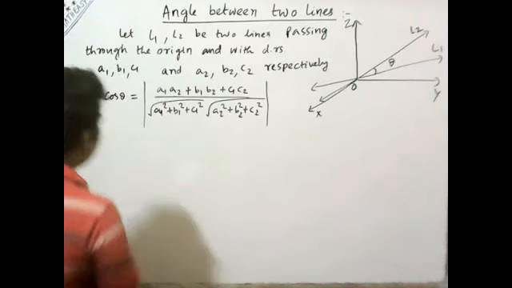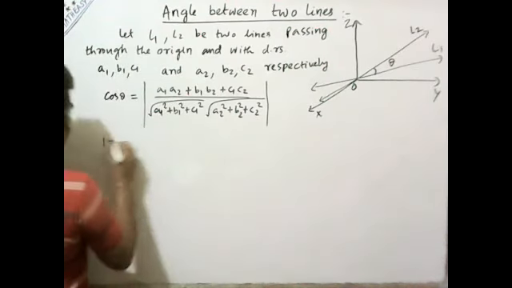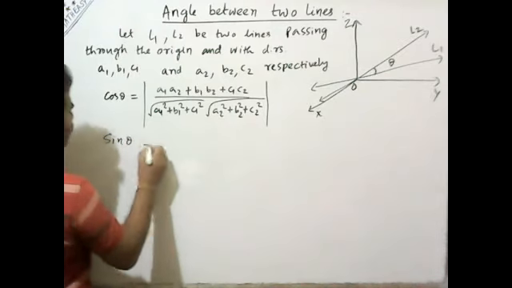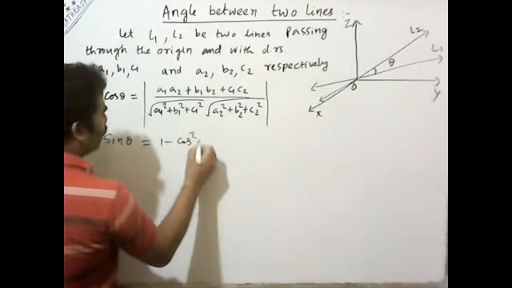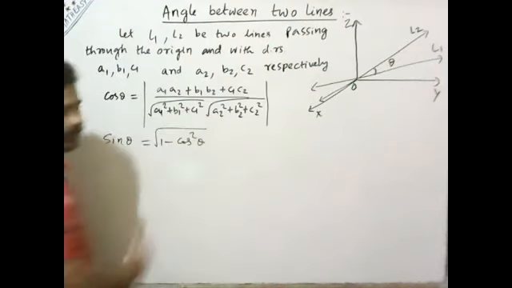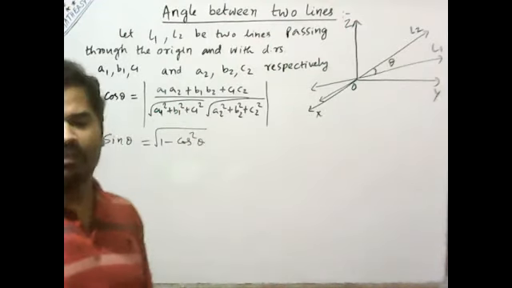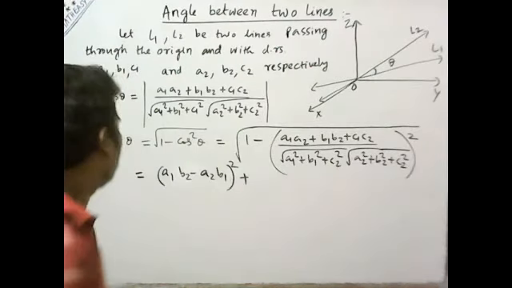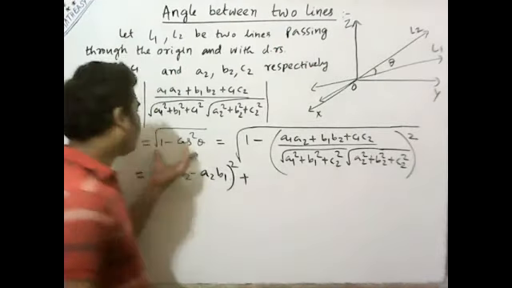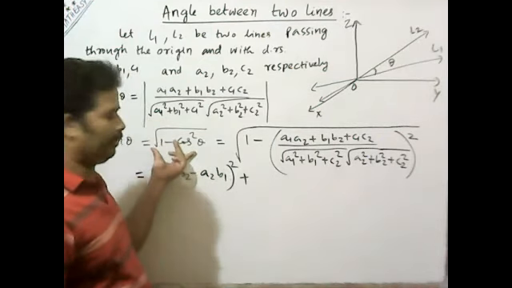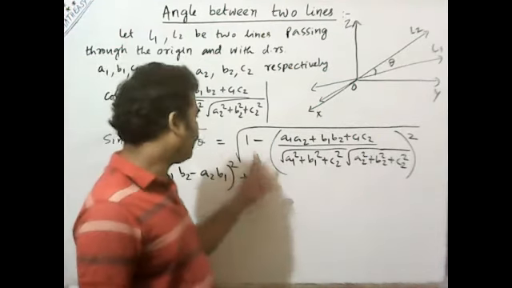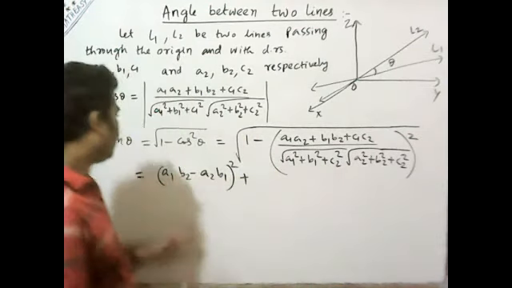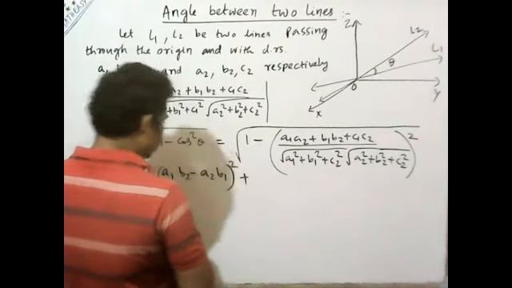Then you can also find it by taking sin theta. What is sin theta? Sin theta is equal to the root of 1 minus cos square theta. That means we put the value of cos theta here. After that, what will come?